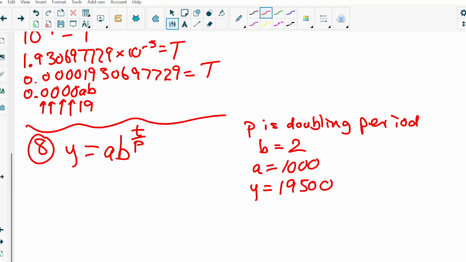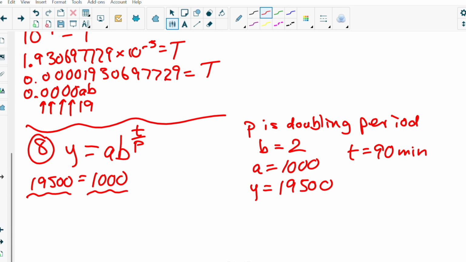So let's plug it all in. The time is 90 minutes. So when I plug this in, 19,500 equals 1,000, the initial amount, times b, which is 2 because we're talking about doubling period, to the 90 minutes divided by p.